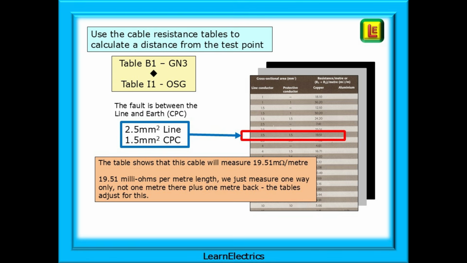Choose the row as shown by the red box. This tells us that these 2 conductor sizes have a combined resistance of 19.51 milli-ohms per meter length. This is a one-way measurement, not there and back. The numbers in the table take account of this for you.